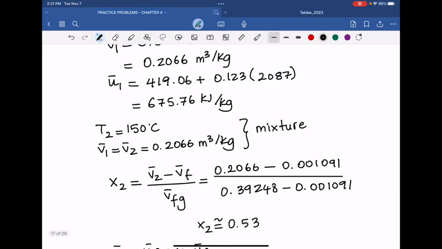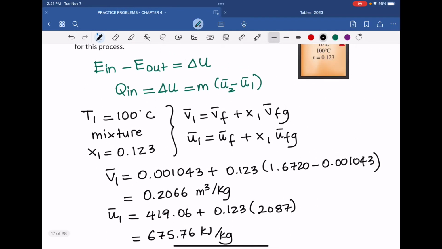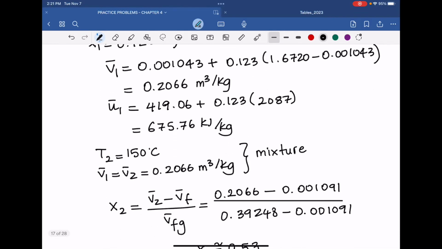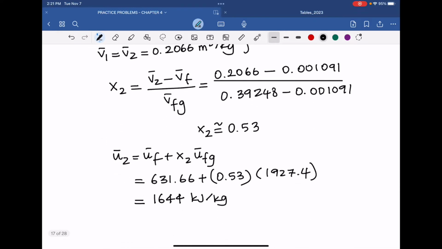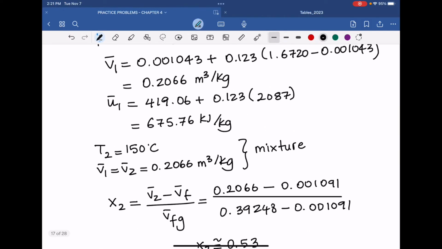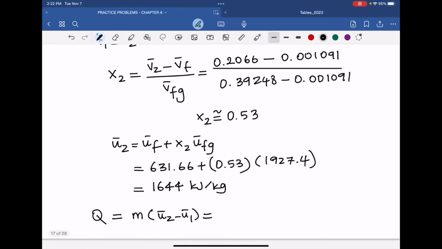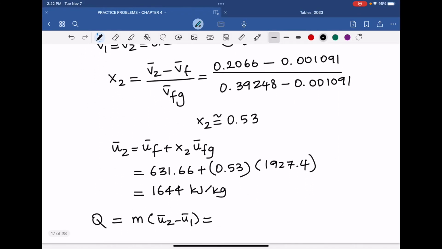Okay, so the last thing left for us is to put those into the energy balance equation and calculate the heat interaction, because heat is equal to mass times the change in internal energy. And the mass we calculated? Did we? Oh, we didn't. We can do that too. So how can we calculate the mass?